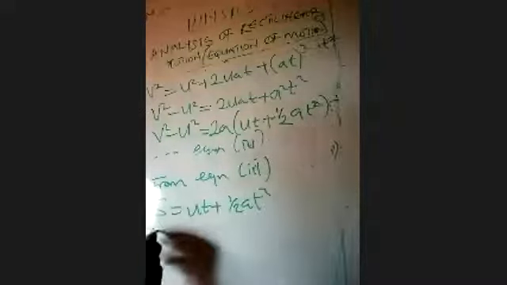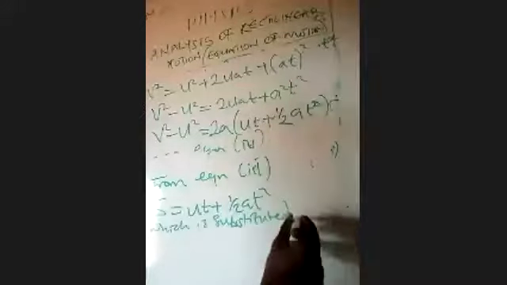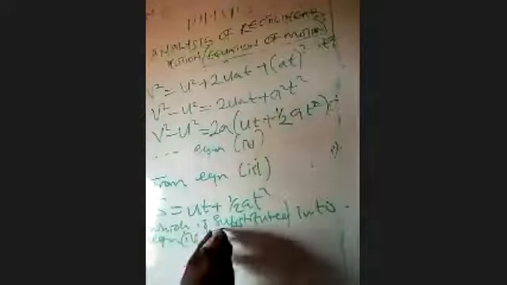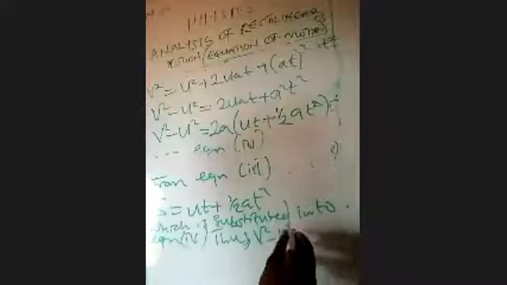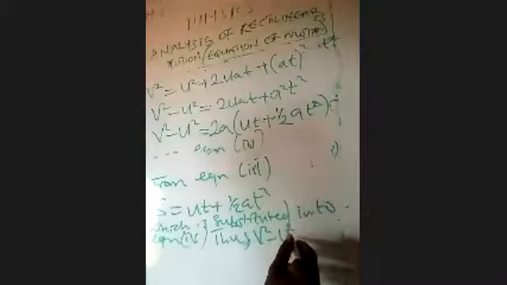So this is substituted into equation 4. Thus we have v squared minus u squared is equal to 2as.